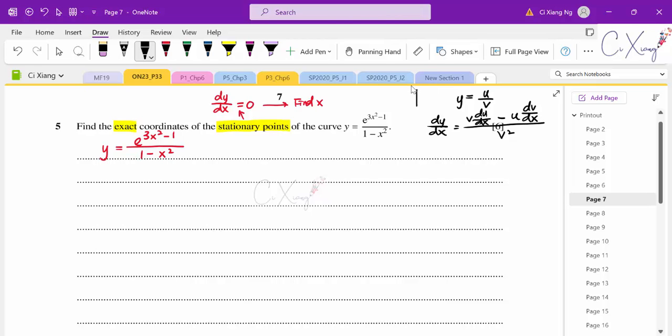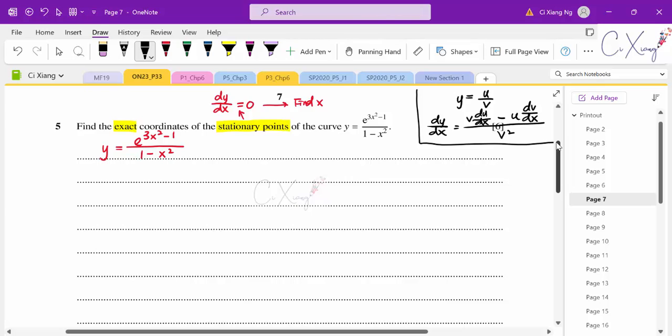Okay, so this is generally what we have for this part. So I'm using the quotient rule here. Alright, so if you're not able to memorize this one, basically you can still refer to the formula booklet. It is actually provided in the formula booklet as well.